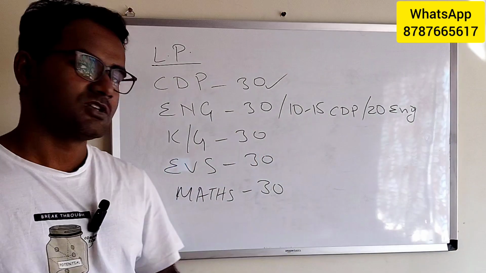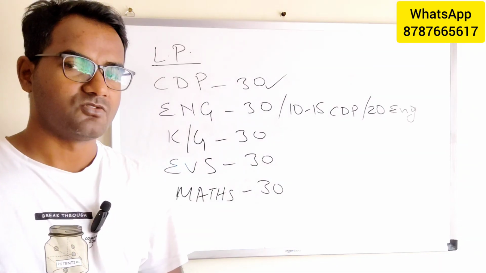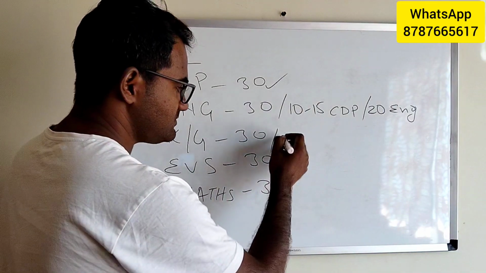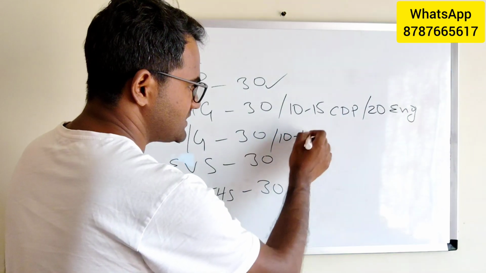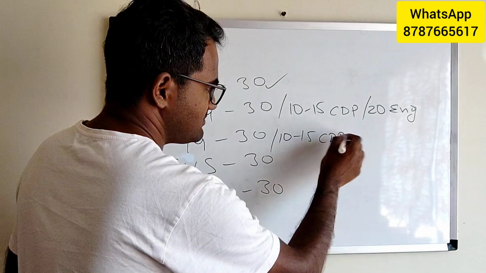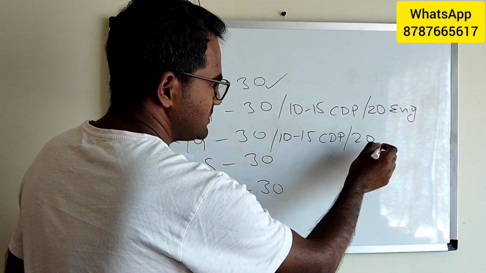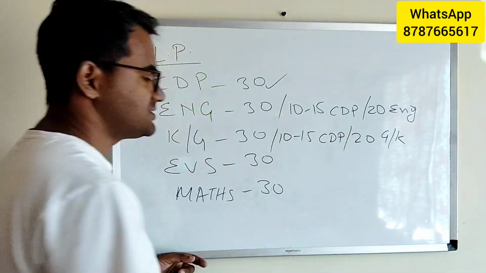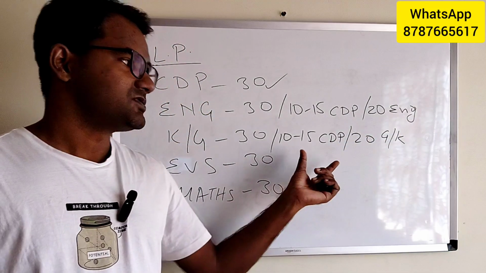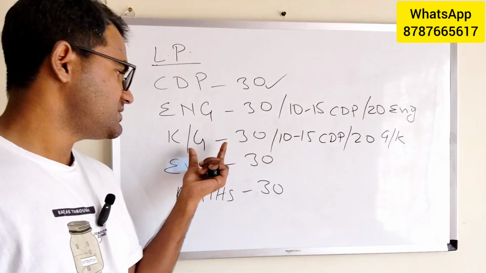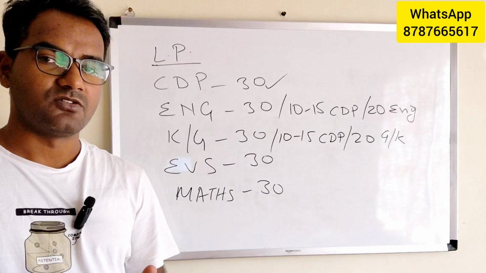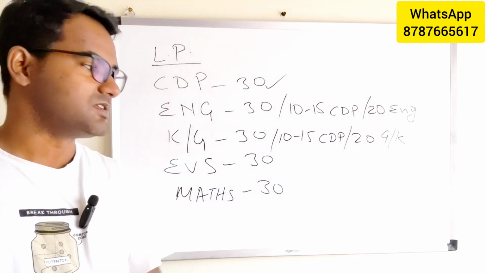Now let's talk about Khasi or Garo or Bengali or Nepali, right? We have 30 marks. Again here, 10 to 15 questions will be CDP, alright? And this Garo or Khasi will be around 15 to 20 only. Now you see, this is a language, either Garo, Khasi, Nepali, Assamese or Bengali.